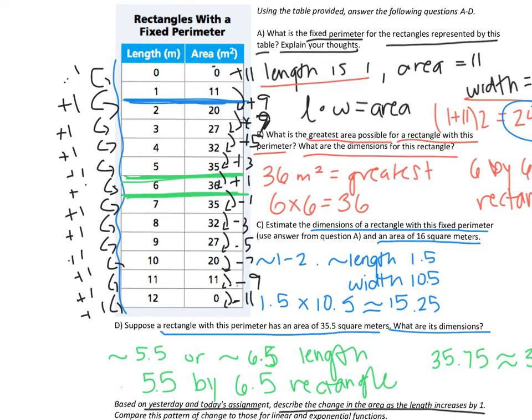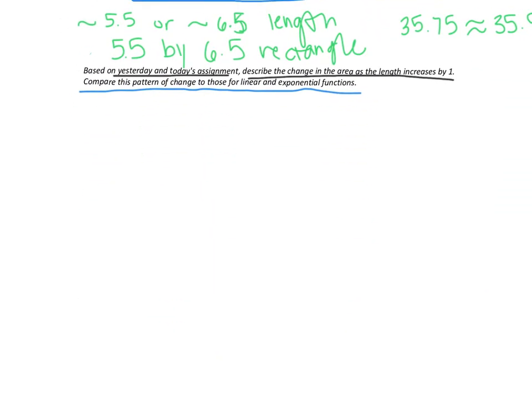So what you can write for describe the change, you can say, I'm actually going to type this out so you guys all can read it. So as the length increases by 1, the area increases until the length hits 7.